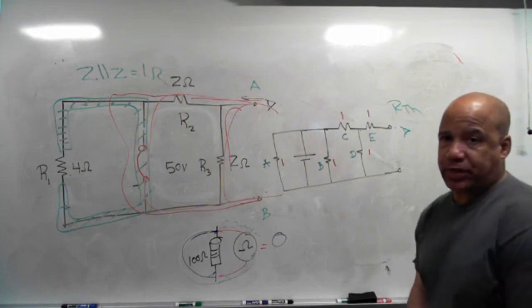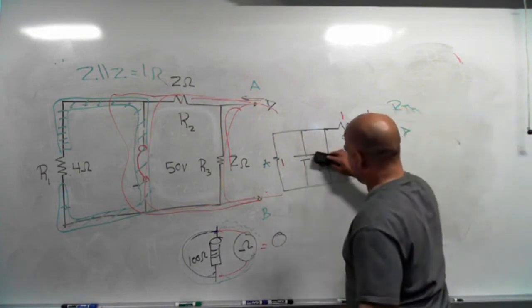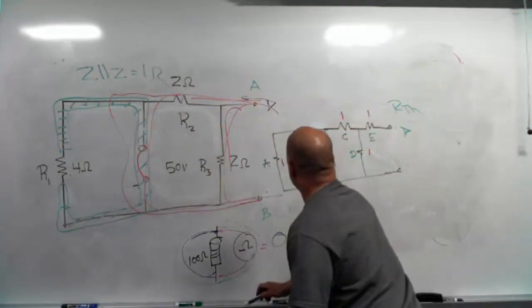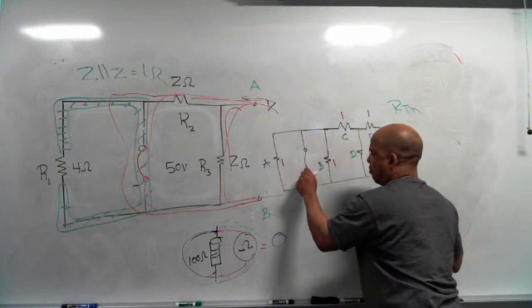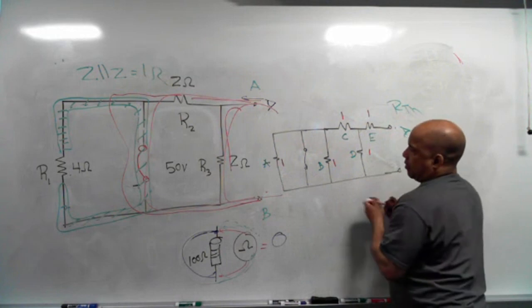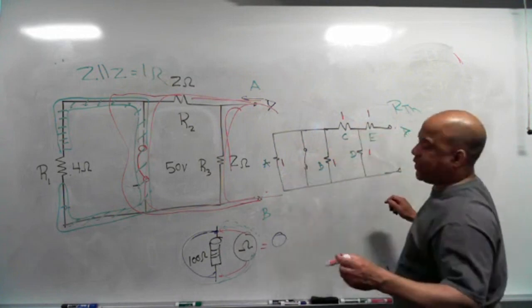Okay, let me show you how you would tell. I've got to short this out. So we'll take this off. I'm going to short it out. I'm going to shade in this short.